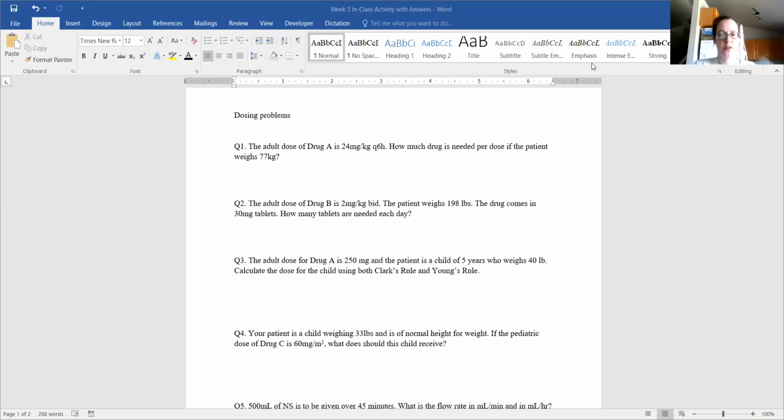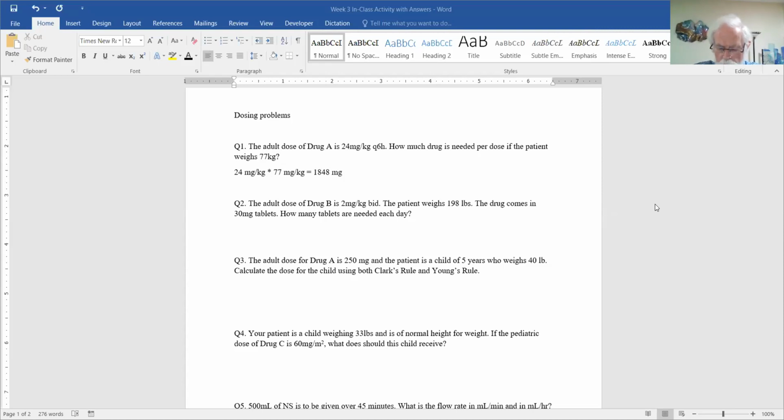Let's get a sheet of paper. Medications with what they're giving the patient have to go off of body surface area. There are a few other drugs that are dosed that way, but mainly these nomograms, these body surface area calculations, are used for cancer calculations.